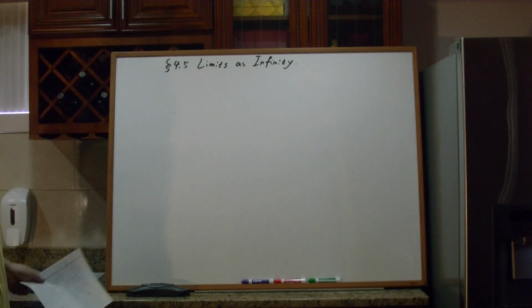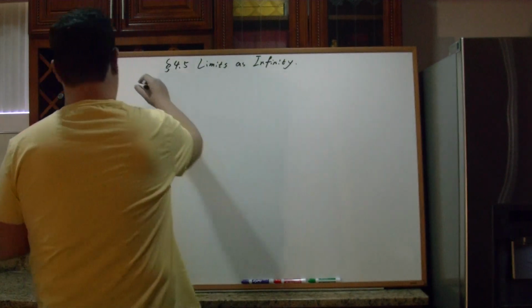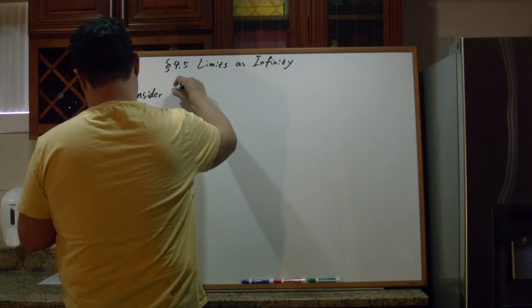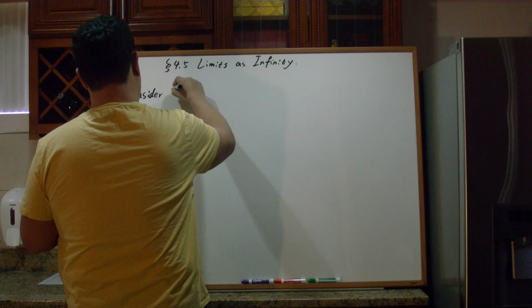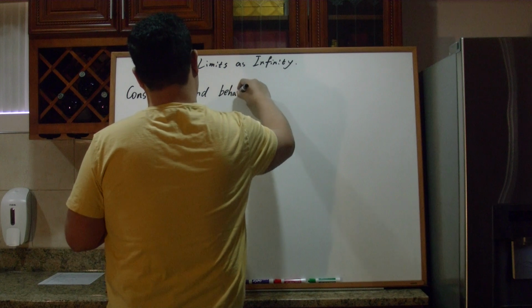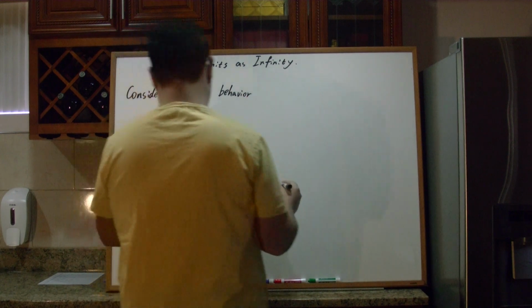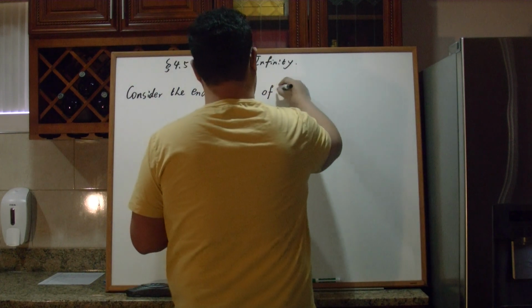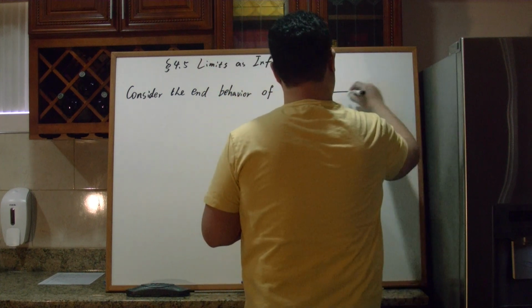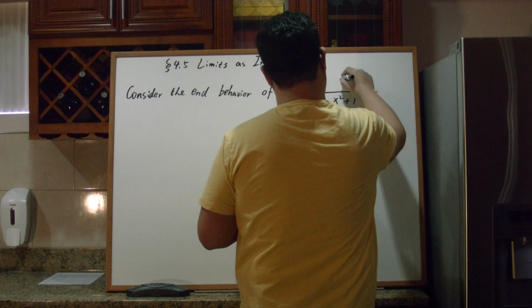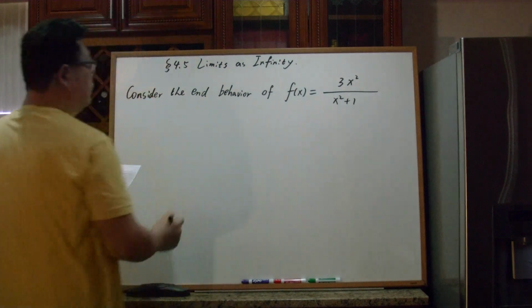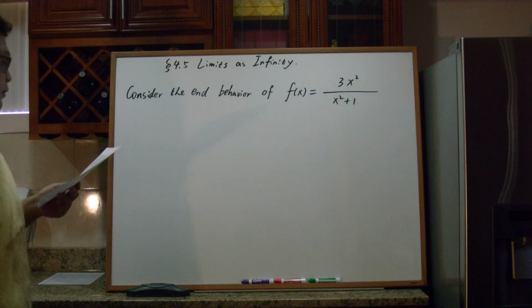That's the section. So first of all, we consider whatever we know about end behavior. The function is 3x squared over x squared plus 1.